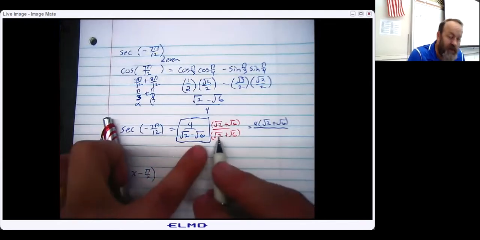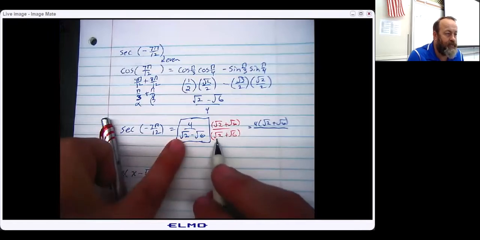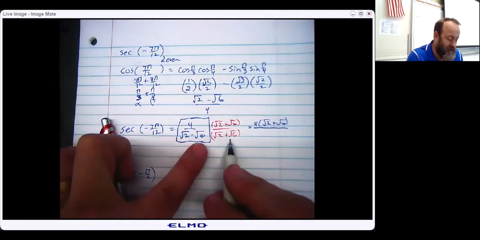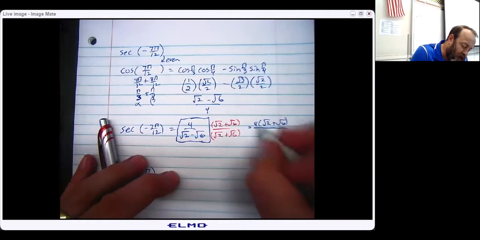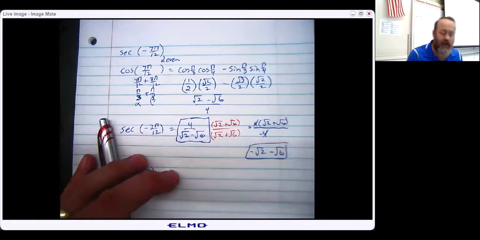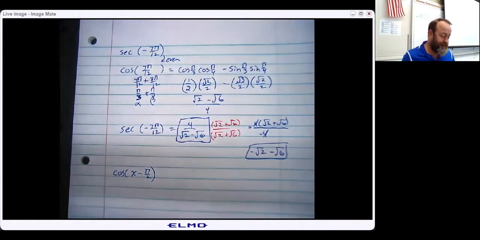I have a root 12 and a negative root 12 that cancel, and then a root 36, or 6, that stays. So 2 take away 6 is negative 4. And you're going to notice that those cancel to leave a minus 1. And so we could finish off our story and just say that it's negative root 2 minus root 6, which is a pretty nice answer.